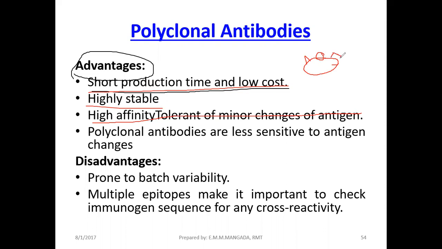Sa polyclonal, yung mga antibodies natin pwedeng mag-bind sa epitope na square, o kaya sa epitope na bilog ng same antigen natin. Kasi polyclonal sila, so iba-iba. They are coming from different types of B cell. So, polyclonal sila.